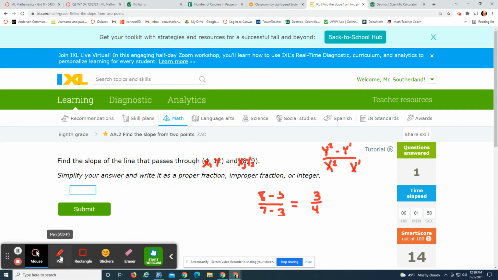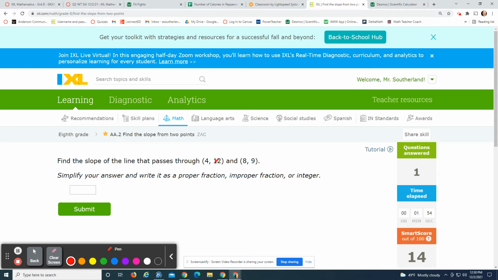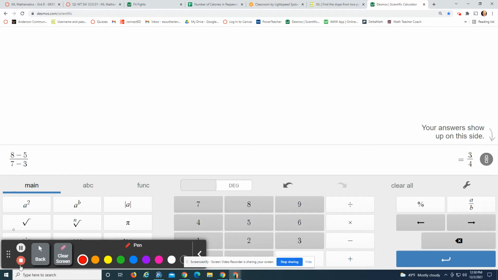The nice thing is as you get these, so again, this is x, this is y, 1, 1, x2, y2. You can do 9 minus 12 in the calculator up here on this part here.